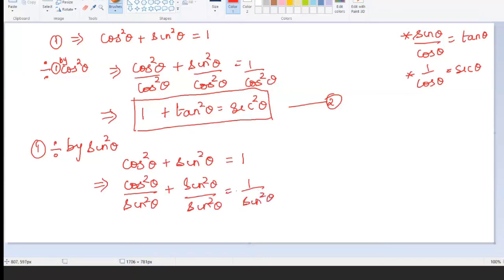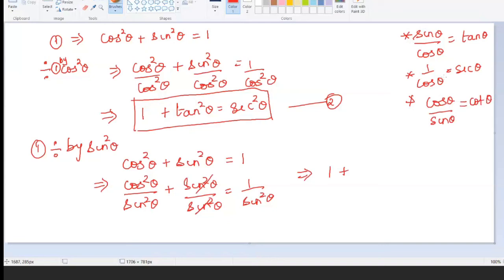Here sine square cancels, so I write 1 plus. Now who is cos by sine? Cos theta by sine theta is nothing but the reciprocal of tan theta, which is cot theta.